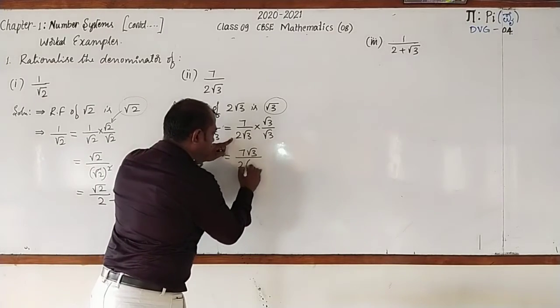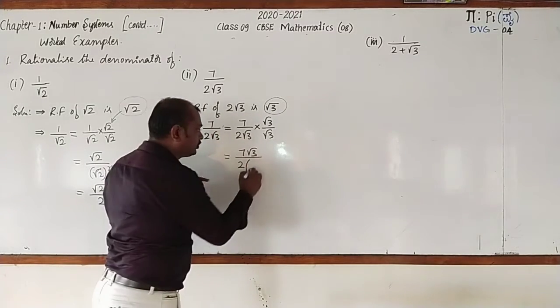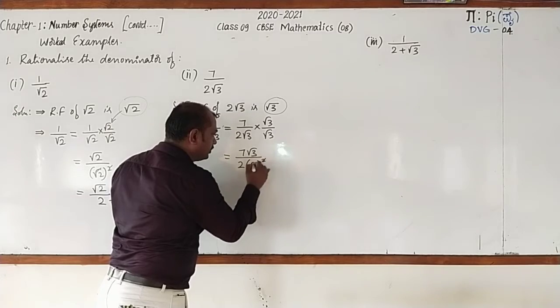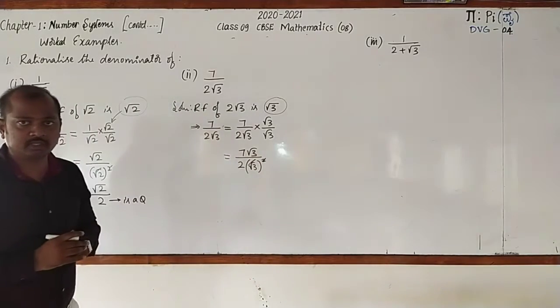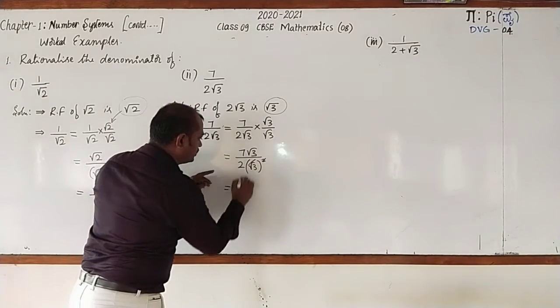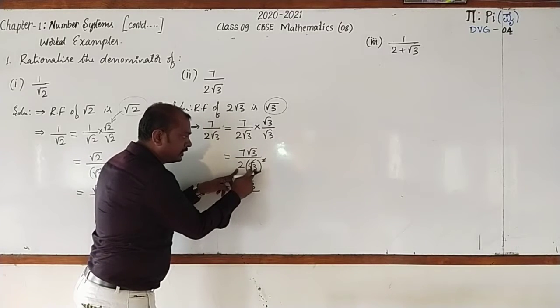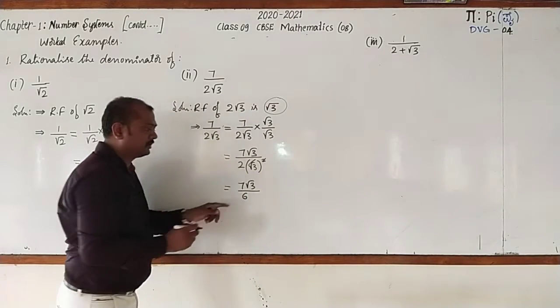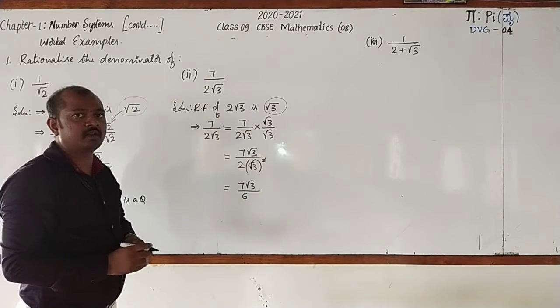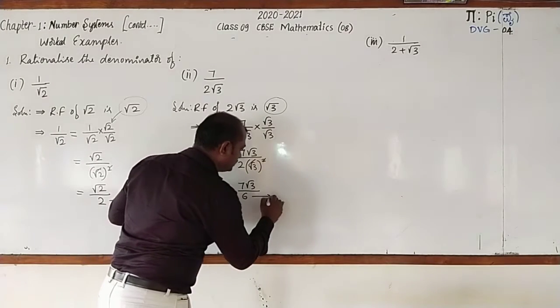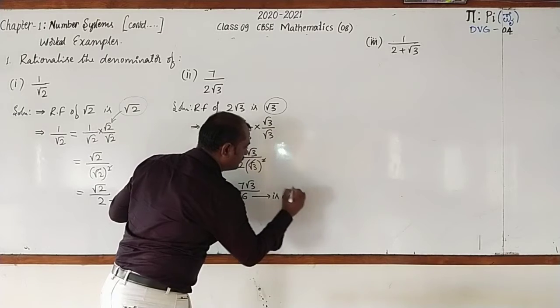Then 2 is there. Then what is root 3 into root 3? Root 3 whole square. Square and root get cancelled. This is equal to 7 into root 3 by, here 3 will remain, 3 into 2, 6. Then is 6 rational or irrational? It is a rational number.